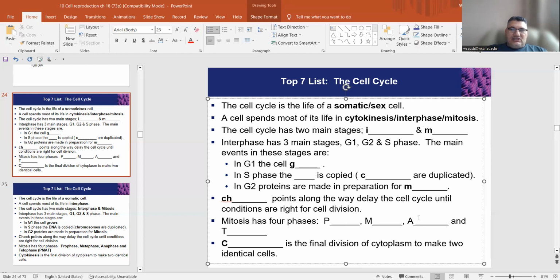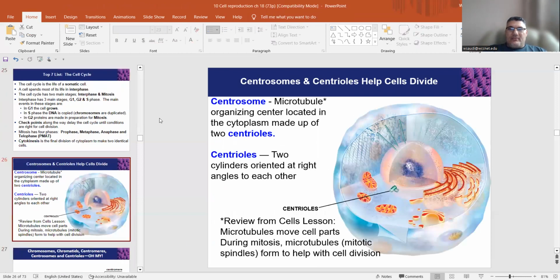Mitosis is four parts, which is the P-mate. Prophase, metaphase, anaphase, and telophase. Excellent. And what is this when the cells actually divide and make two? They move away from each other, make two identical cells. Cytokinesis, yes.